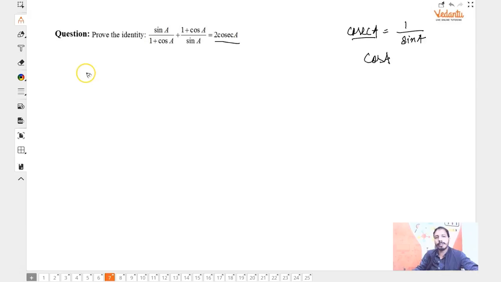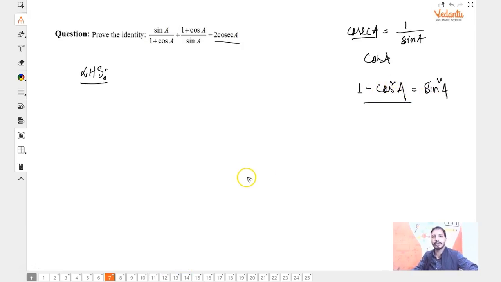Now, these types of questions, first of all, you need to take the left hand side, right? So what will you use, guys? Think about it. Now, you can use this identity, right? We know that 1 minus cos square A is sine square A. So in this way, I can convert this relationship of cos to sine.